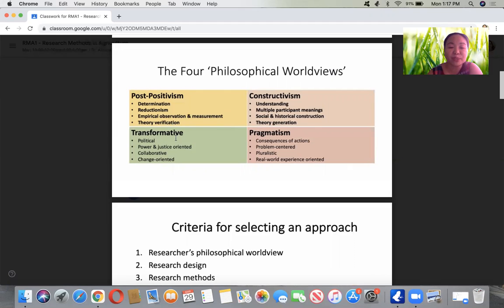We also have transformative, which means political, power and justice oriented, collaborative, and change oriented. What differs this from the two is that it is political and collaborative.